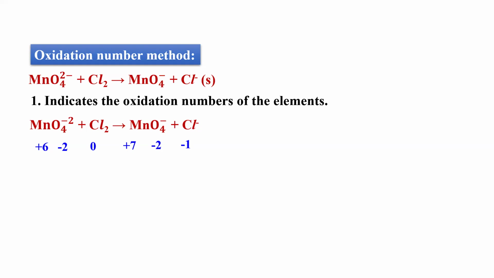That means reduction is taking place. Quickly copy it down, Ritika. It is important for you because the oxidation number method is being taught in your school. At least copy down this example, Ritika. That will help.